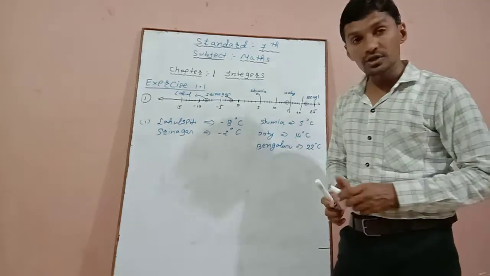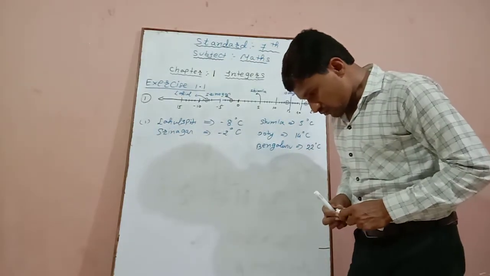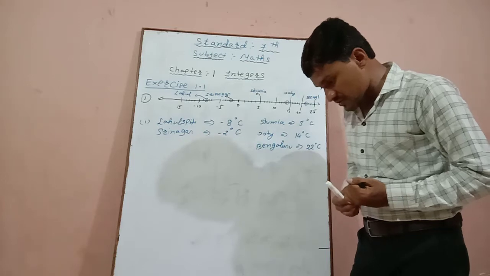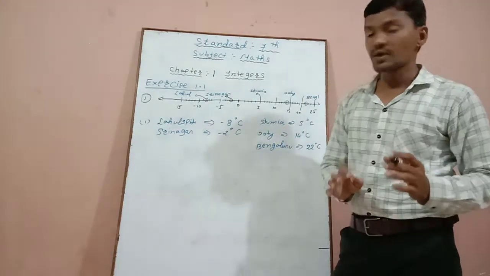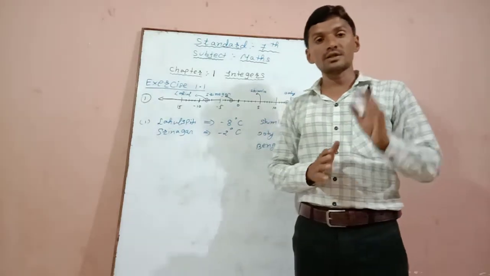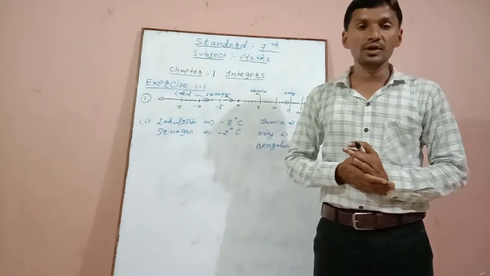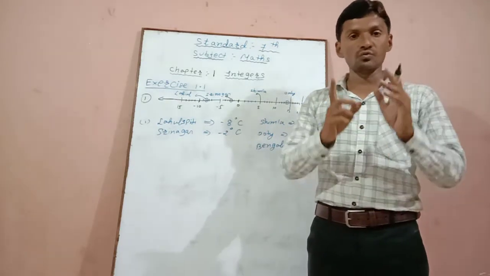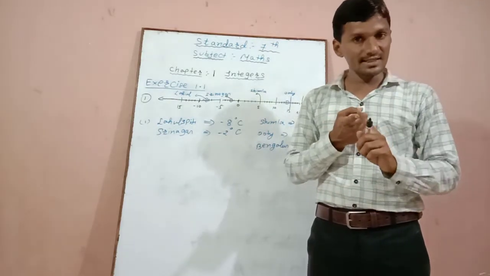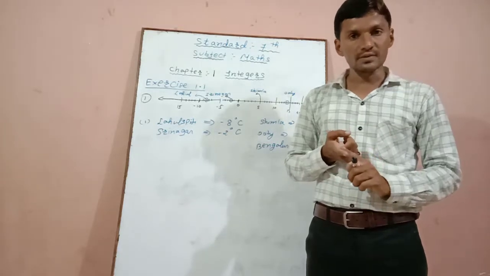Now question number 2 is: what is the temperature difference between the hottest and the coldest place among them? So first of all we have to find the hottest city and the coldest city.